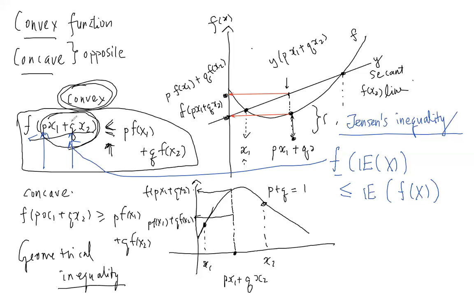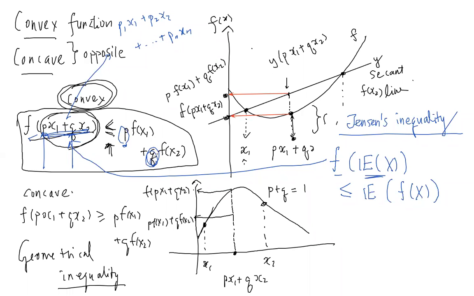In fact, this can be extended to multiple dimensions. That means you have p1 x1 plus p2 x2 plus until pn xn, and it will be true, but of course then you won't have this geometrical object that you can sketch here. But it is analogous. This part here plays the role of your expectation, and these are the weights.